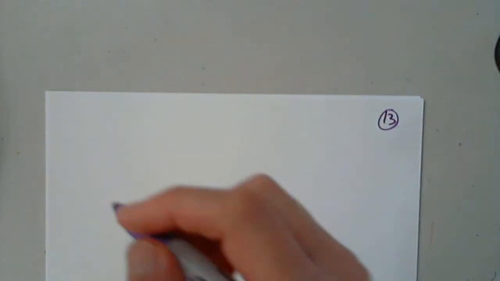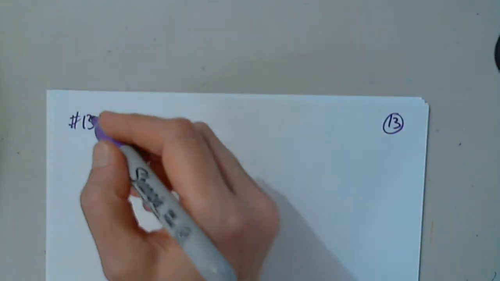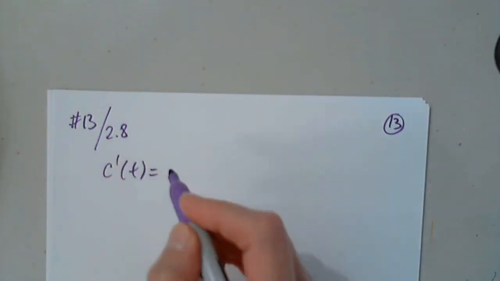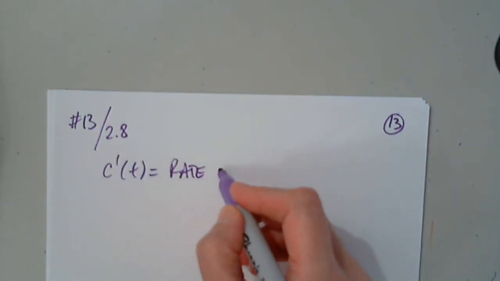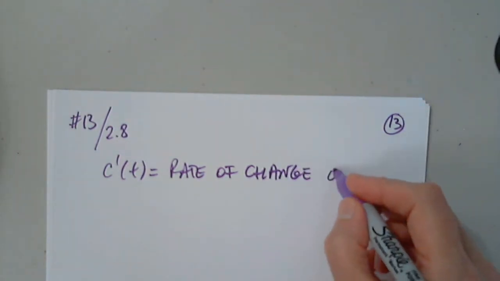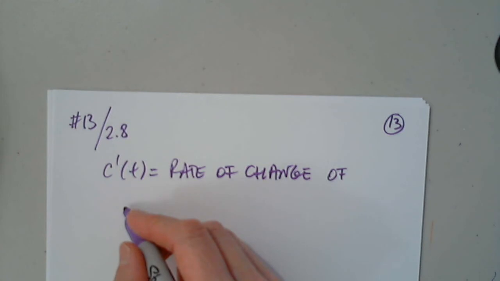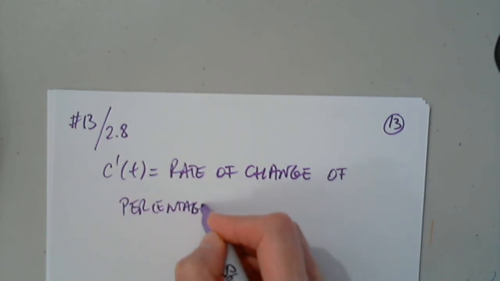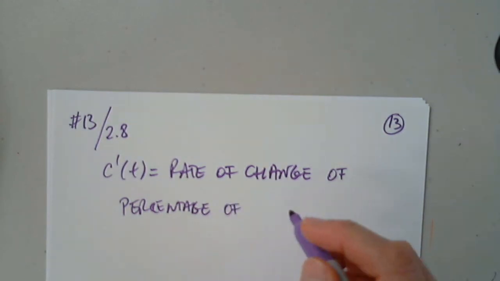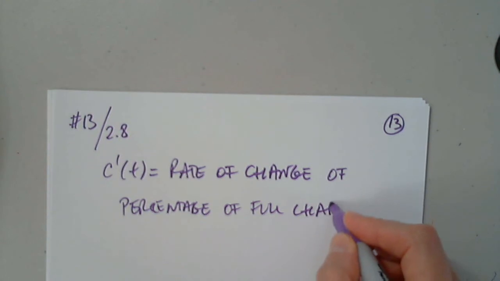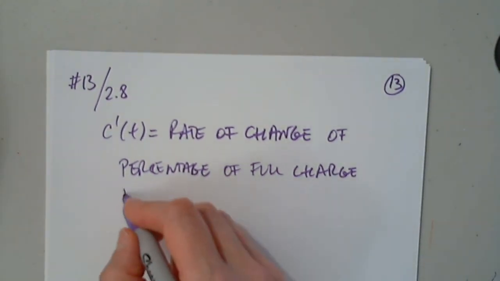I'm on 13. So this is 13 in 2.8. So C prime of t is the rate of change of percentage of full charge with respect to time.